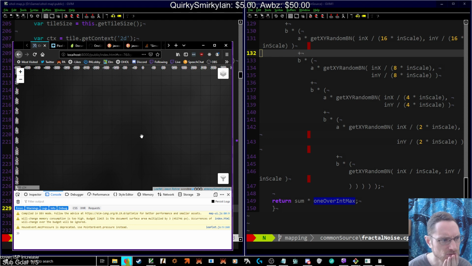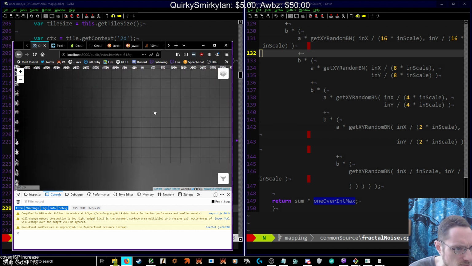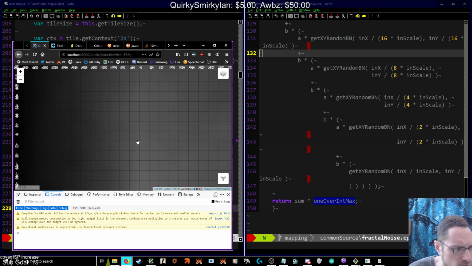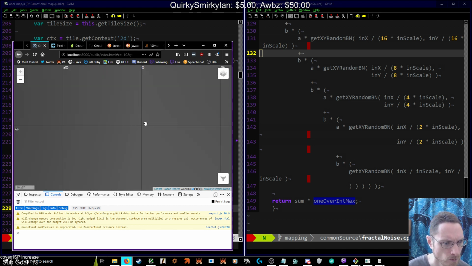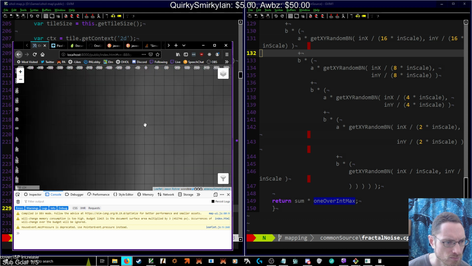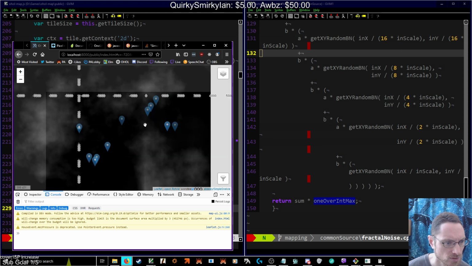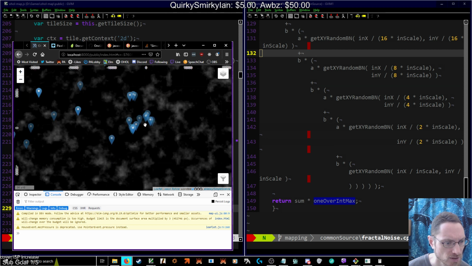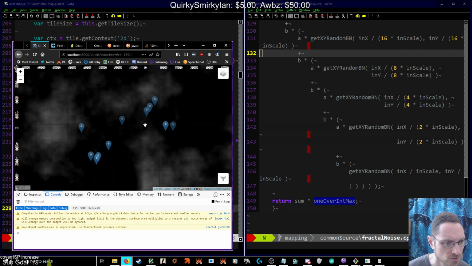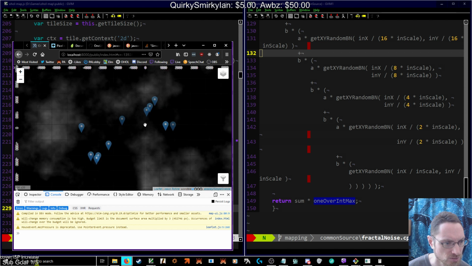That seems like about maybe the right scale. Okay, those are consistent, but not really. Well, maybe that's that pattern drifting down. Yeah, so this might just be a coordinate calculation issue.